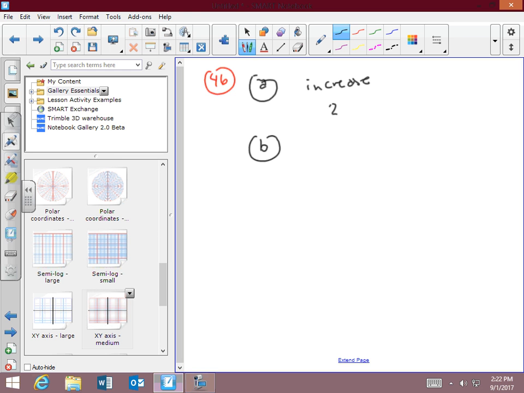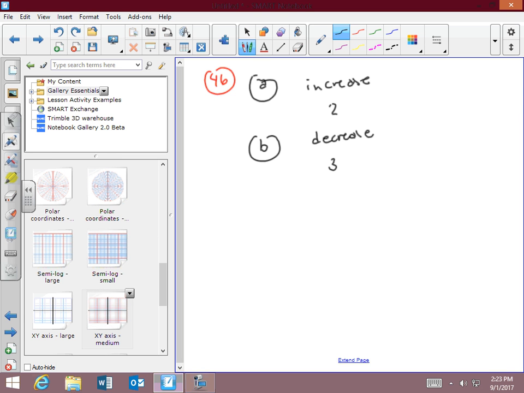Okay, B says, if a line has a slope of minus 3, then the value of y decreases, right, by what, as the value of x increases by 1? Technically, when you read it, it would have to be decreases by 3, wouldn't it?